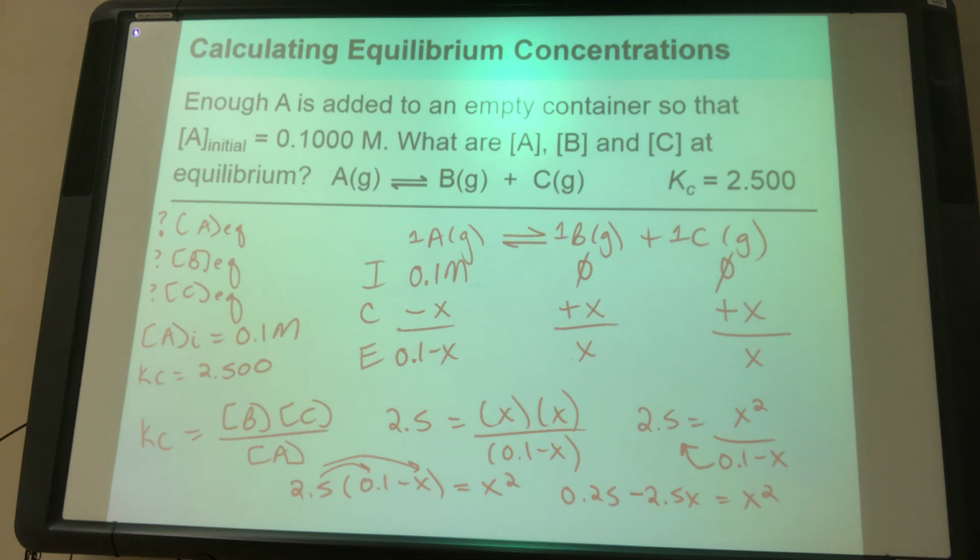Now, I want everything on the same side, and it's easier if my x squared is positive. So let's move all of this to that side, and we get x squared plus 2.5x minus 0.25 is equal to 0.